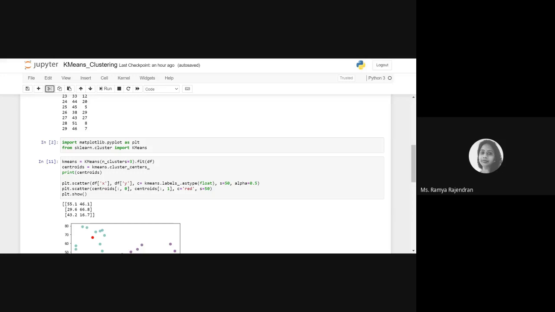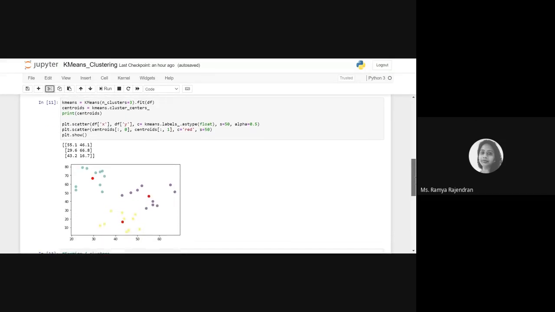Then I get my centroids and plot them to understand my clusters. So I have 3 clusters formed here, one in blue, one purple, and I guess yellow. The centroids are marked in red.